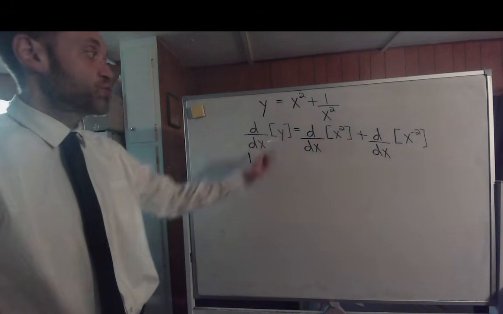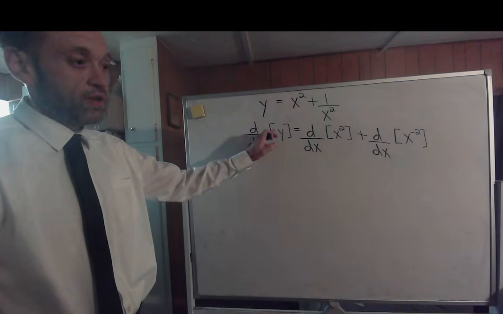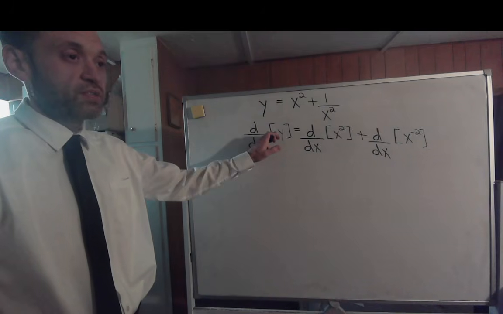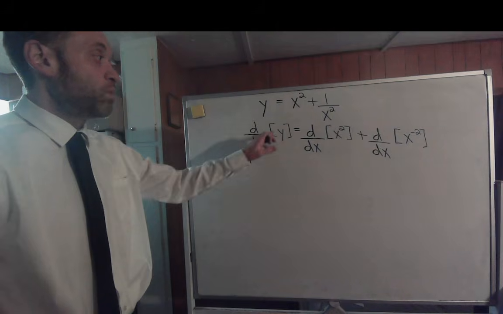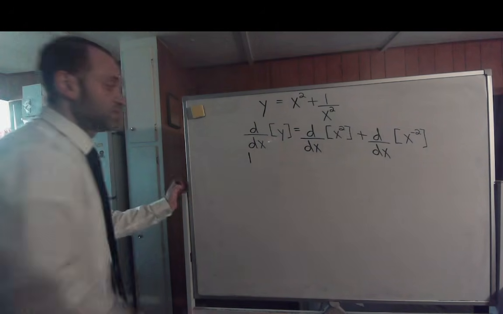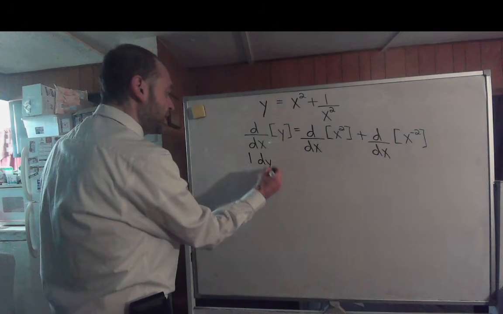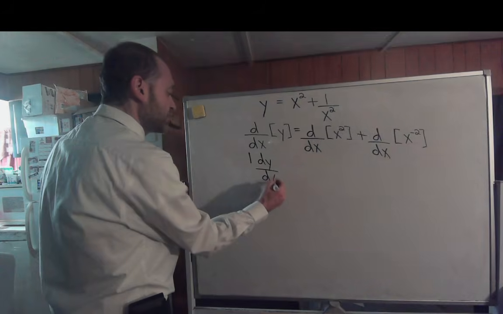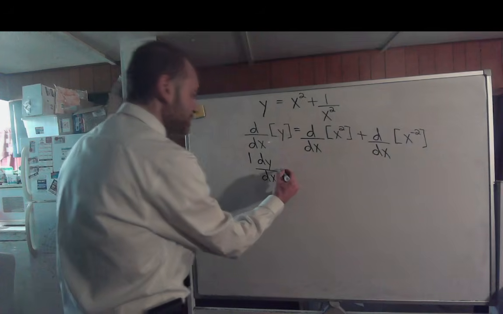So you start out treating that y like the variable. You would take the derivative of a variable to the first power, but then you also have to consider that y is a function. So this would be 1 times dy dx, because that means you're taking the derivative of y with respect to x.